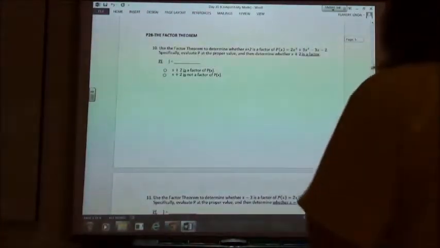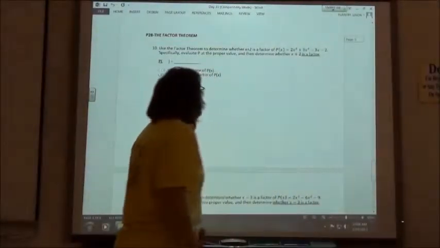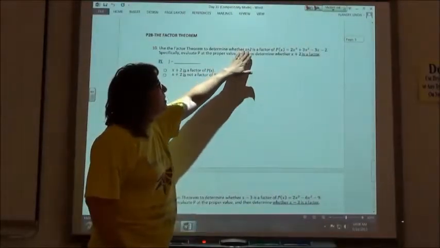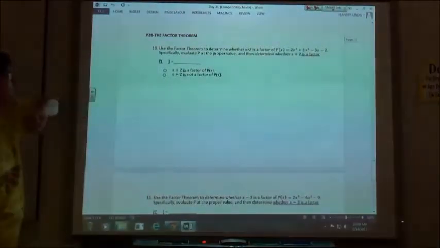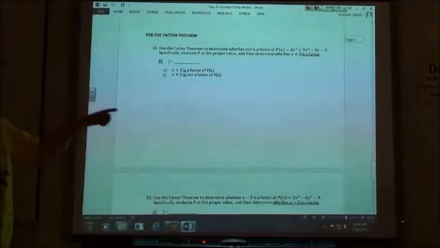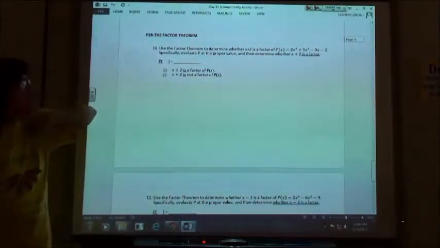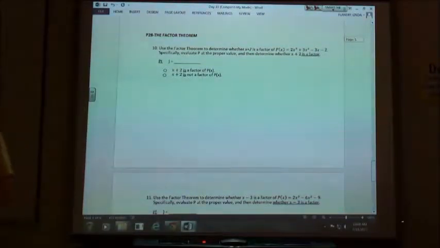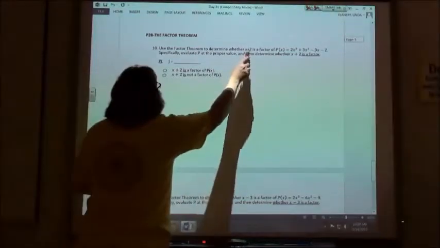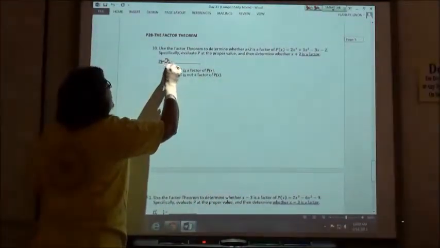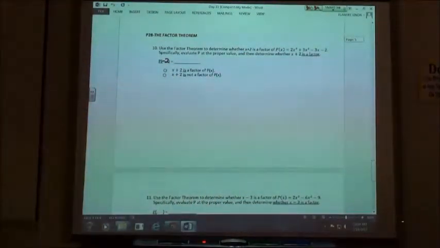And the last thing is the factor theorem. The factor theorem says that if x plus 2 is a factor, then if I set that equal to 0 and put that number into my polynomial expression, I would get an answer of 0. So if x plus 2 is a factor, we're going to do p of negative 2, and they're going to make you put that into the little parentheses in the answer box.